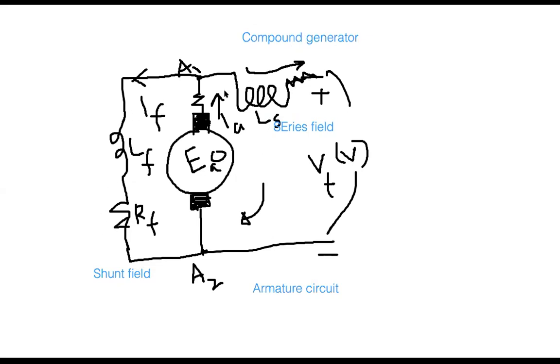This will be the structure. Easily you can guess that first voltage is developed, and RA was initially designated as the armature resistance. This is the IA current, and that current is divided into two parts. Something goes to the shunt field, and something flows to the series field, and ultimately it goes to the terminal. So this is called the compound generator.